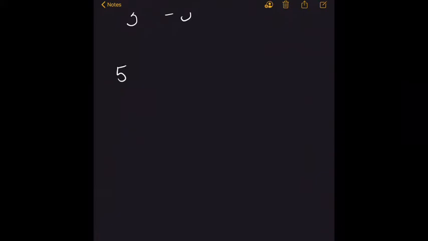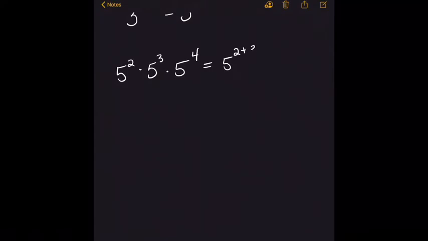So the first example is 5 squared times 5 cubed times 5 to the 4th power. Since our bases are the same, we can simply add our exponents. So it would be 5 to the 2 plus 3 plus 4, which equals 5 to the 9th power.